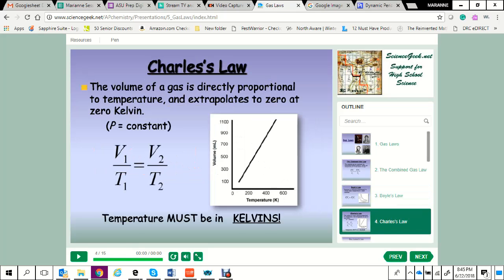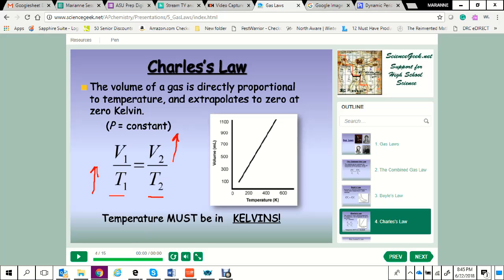All right, next one is Charles' law. The volume of the gas is directly proportional to the temperature. So, again, temperature must be in Kelvin. And what directly proportional means is that as the temperature goes up, the volume goes up.